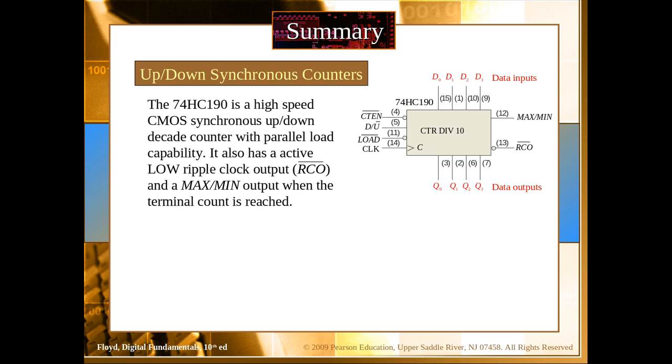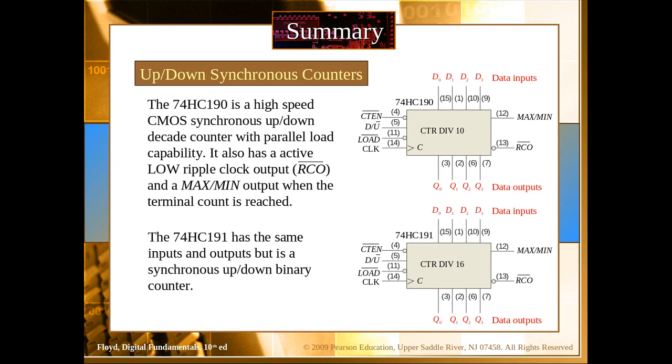We use the word div as a divider, since this would divide the frequency of the clock by 10. If it was a 4-bit binary counter, then we would represent it by CTR div 16. If it was a 3-bit counter, then it would be represented as CTR div 8, and so on. A 74HC191 has the same inputs and outputs, but it is a synchronous up-down binary counter.